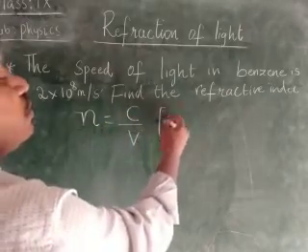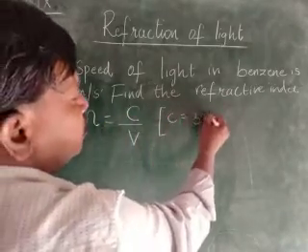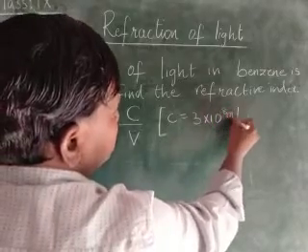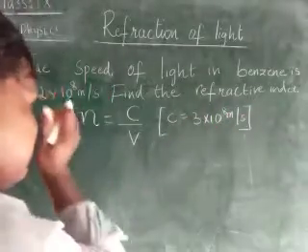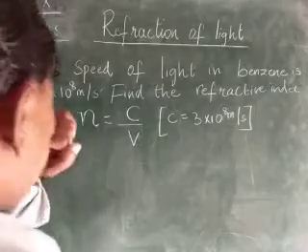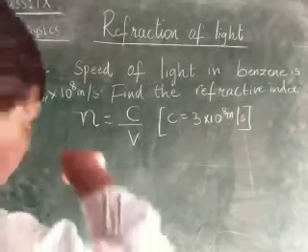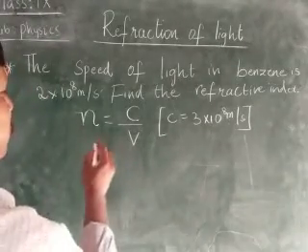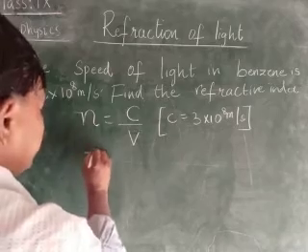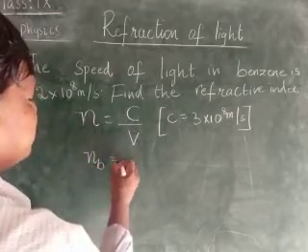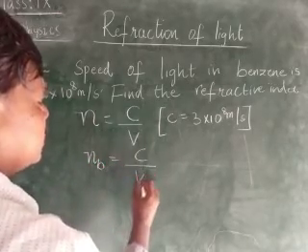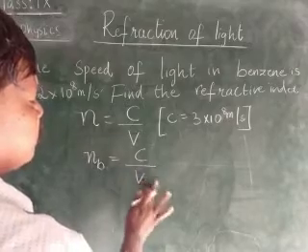We know the value C is equal to 3 into 10 to the power of 8 meter per second. Okay, children? N is equal to C by V. Here, the refractive index of benzene we should find, that is, C by the velocity of benzene.